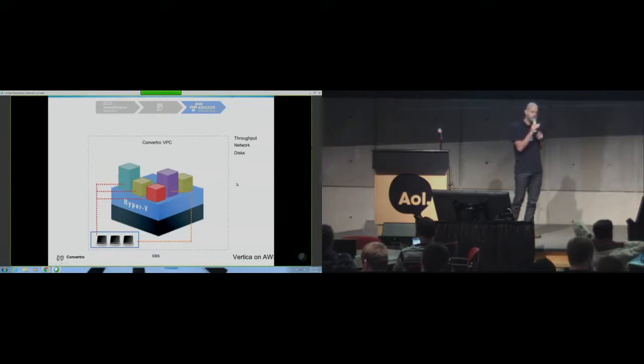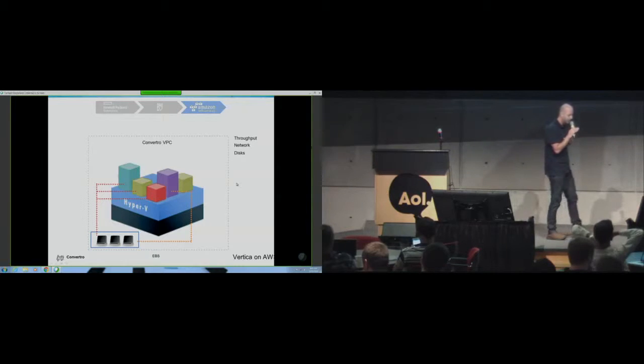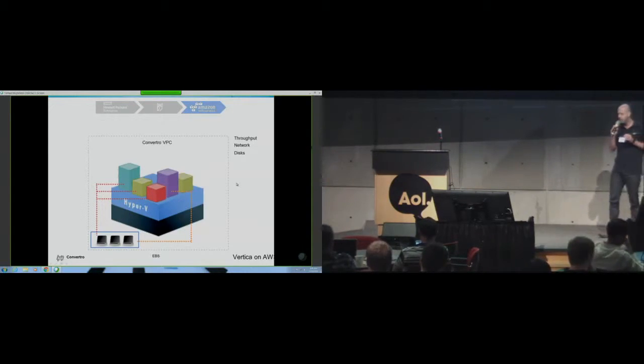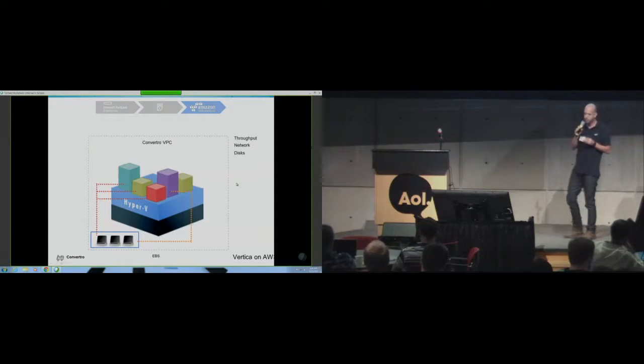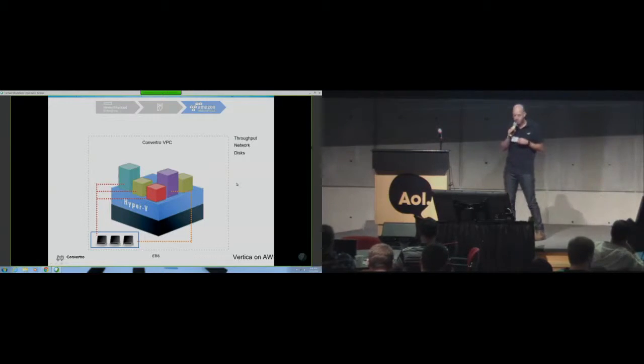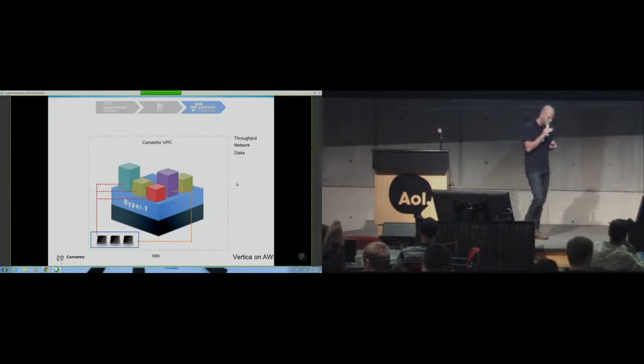So you will probably need to do some kind of software RAID. We chose in Convertro to use magnetic, and we built a RAID 0 with 8 devices. But even with 8 devices, we are not reaching the Vertica requirements. Our luck is that we are not IO bound, but we still get hurt while doing a big recovery or rebalancing the cluster. By the way, we are changing the type of the EBS today, and I will talk about it later.